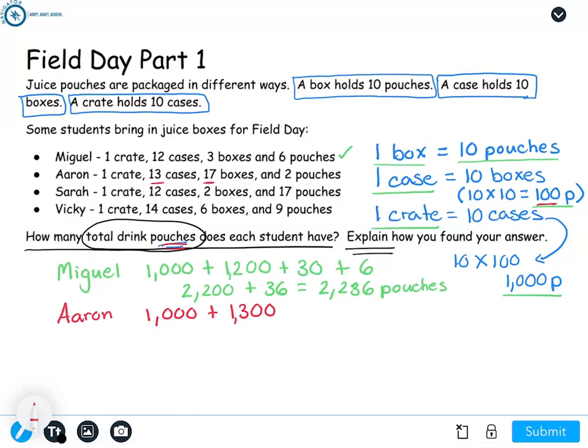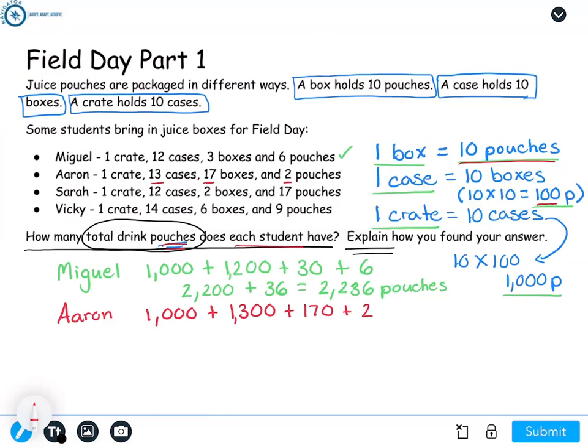Next, he has 17 boxes, and each box is 10 pouches. So 17 tens is the same as 17 times 10, which is 170. And then he has 2 pouches. So we have 2. Just like we did with Miguel, we want to make sure we find the total number of pouches for each student.